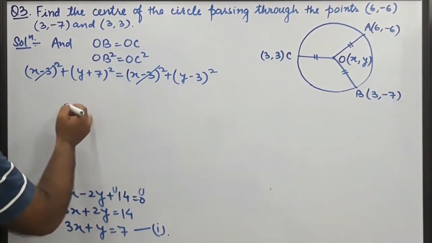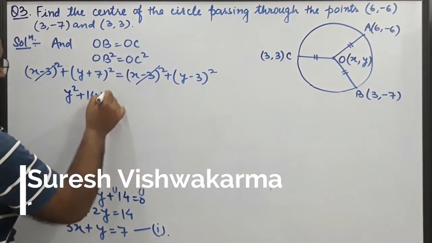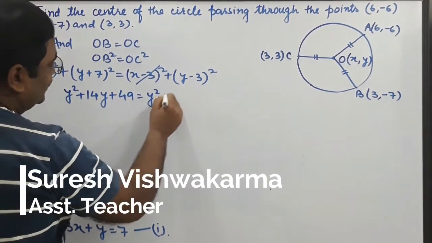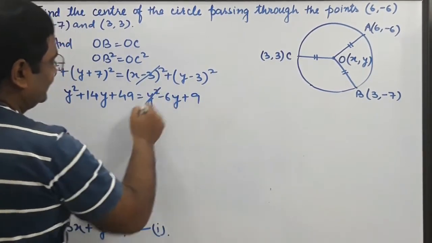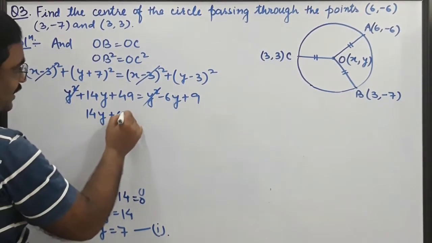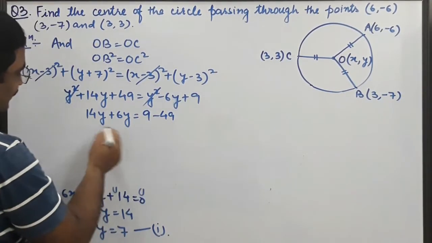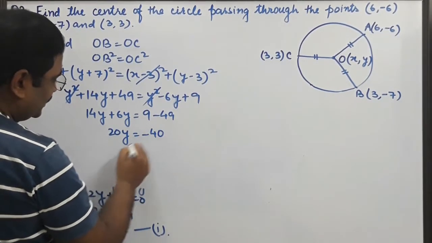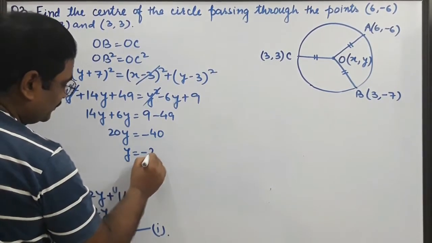Now simplify: y square plus 14y plus 49 equals y square minus 6y plus 9. Now y square is cancelled, 14y plus 6y equals 9 minus 49. Therefore this becomes 20y equals minus 40. So y equals minus 2.